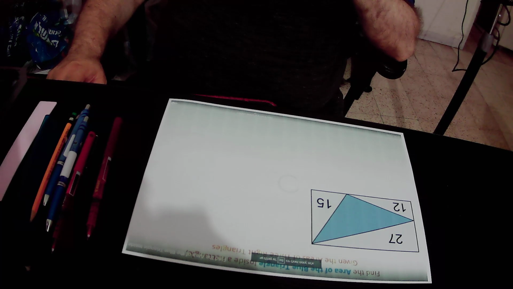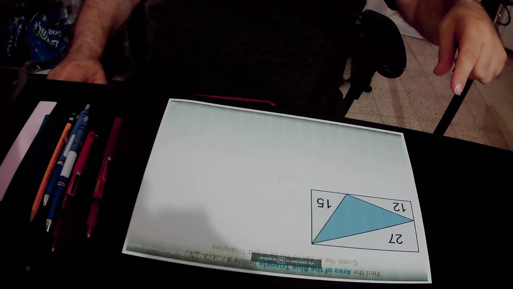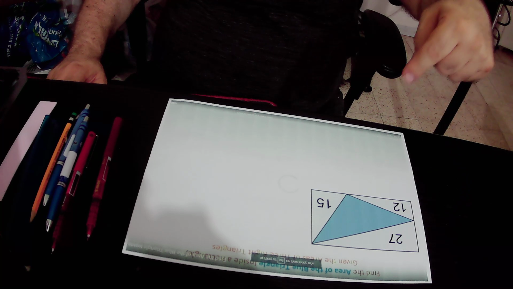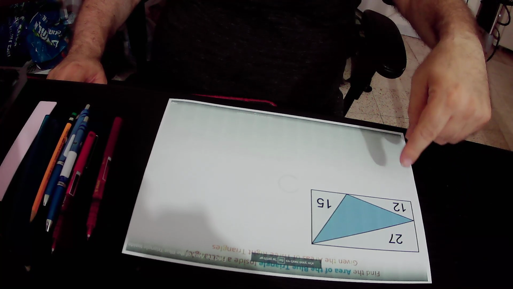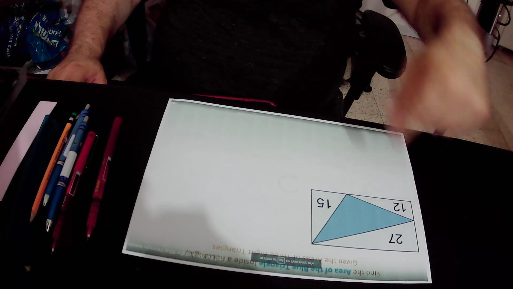So in order to find the area of the blue triangle, the only thing that we need to do is to find the area of this rectangle, and then we will subtract from the area of the rectangle the sum of the areas of those three triangles.